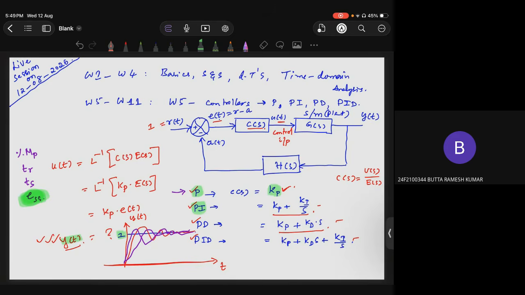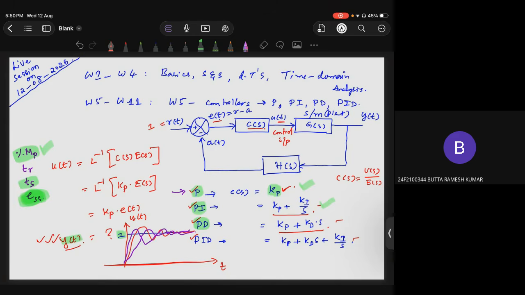But it will have some overshoot. Then we take this PD. The PD will solve this overshoot problem. So ultimately, the controller will try to reach the value 1.